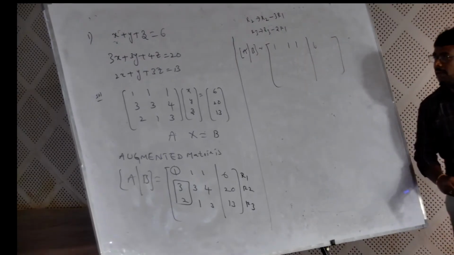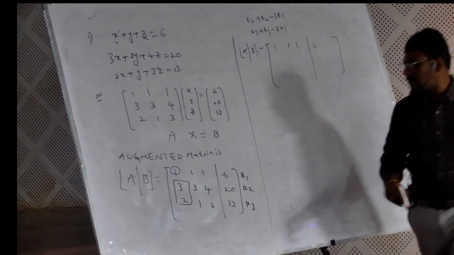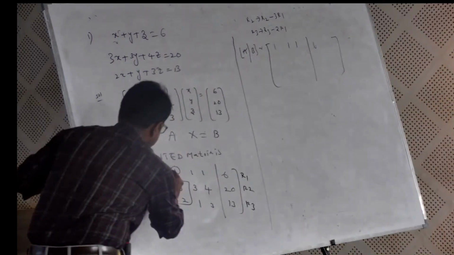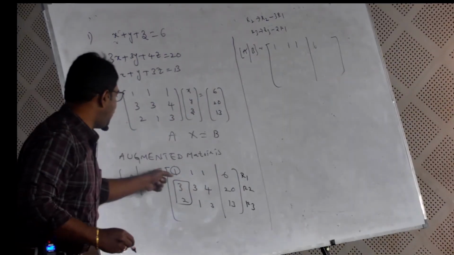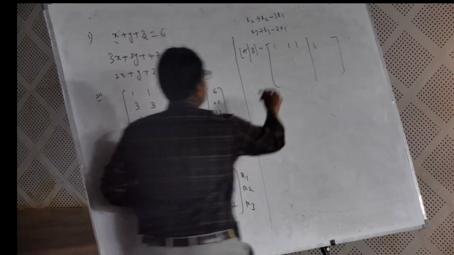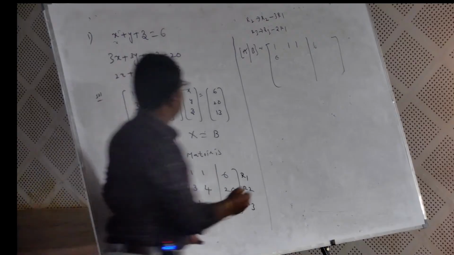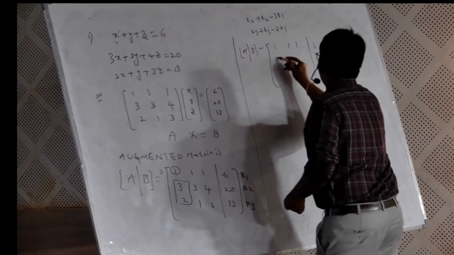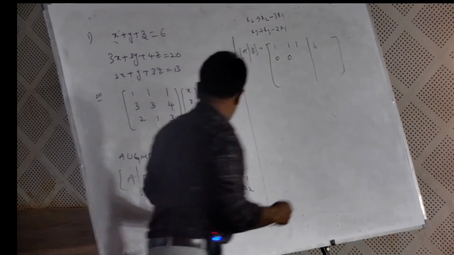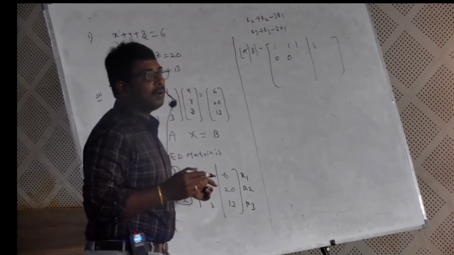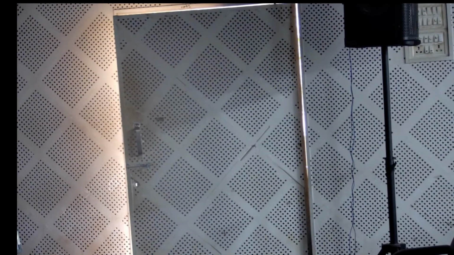R2 minus 3R1: 3 minus 3, 0. Next, 3 minus 3, 0. This is like laddu kavala nayana. Yes, one more laddu. 4 minus 3, 1.